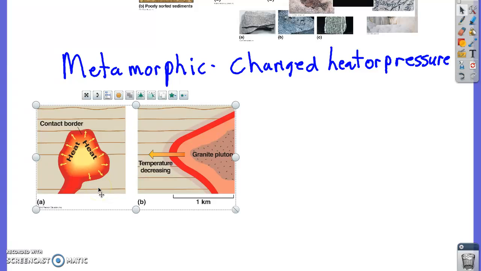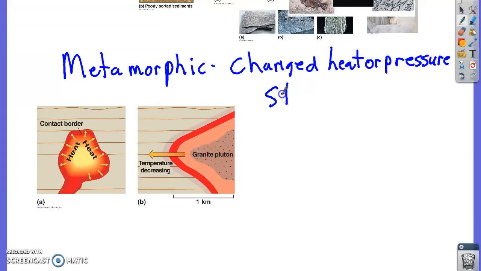If a granite shoots into an area, then it's going to get really, really hot next to it and then cool off as you get farther away. But those rocks next to it may not be completely melted, but they will be changed, okay? And they will be changed enough that they can be stretched, basically deformed, if you will, or they could be compressed.